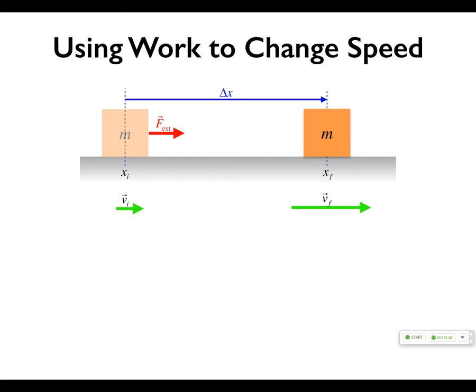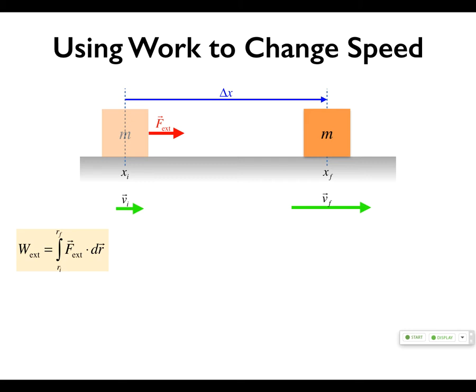We start with an initial speed and end up with a final speed. What do you notice about those two speeds? Is this speed the same as this speed? No. This is getting bigger, because we have some acceleration, we're speeding up. If we look at this in terms of work, let's try this out.